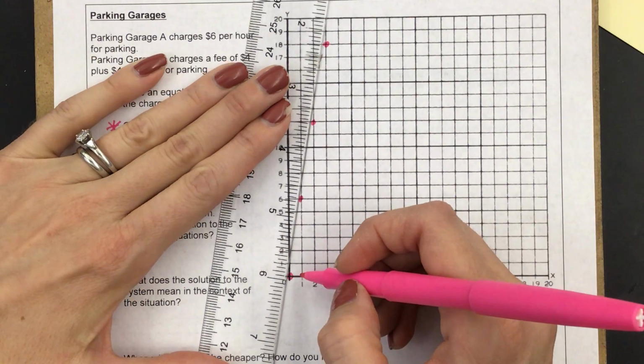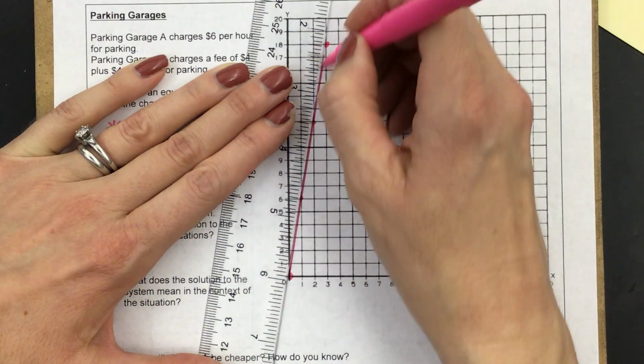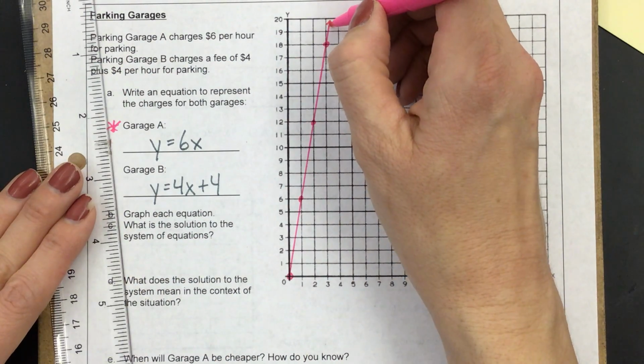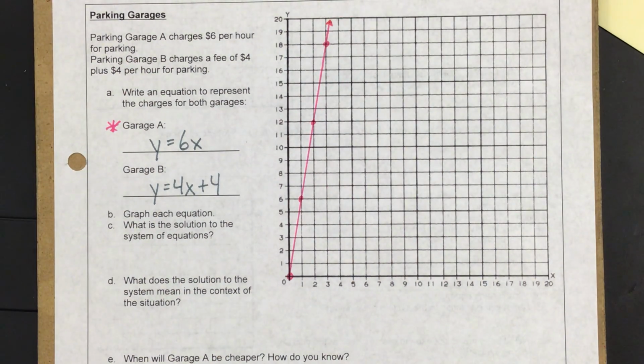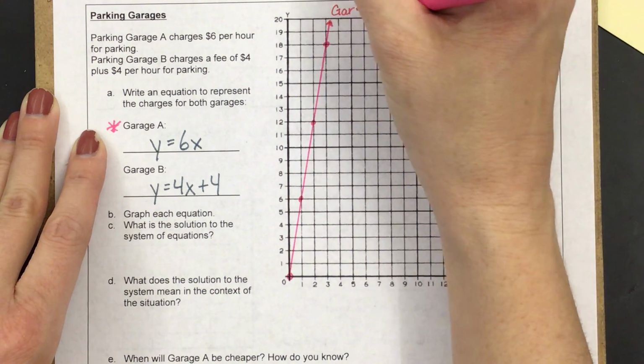And then I'm going to connect my line here. And I'm just going to label it too. This is garage A.